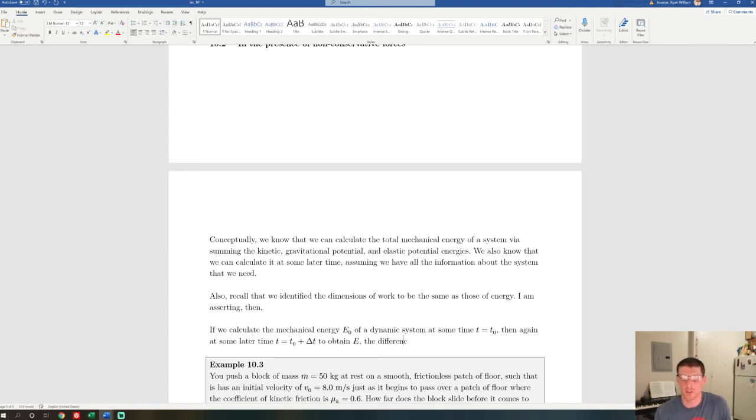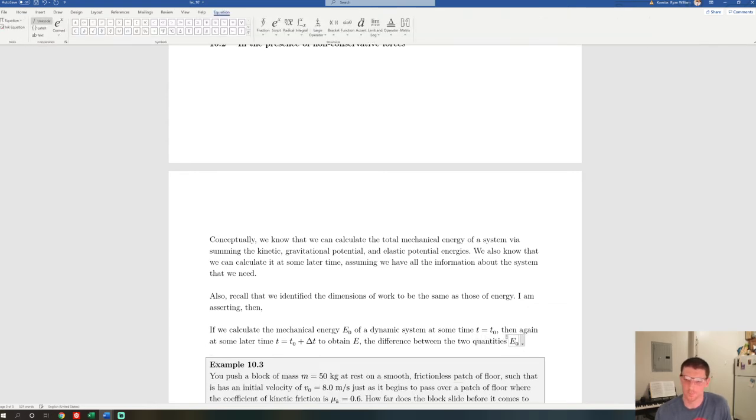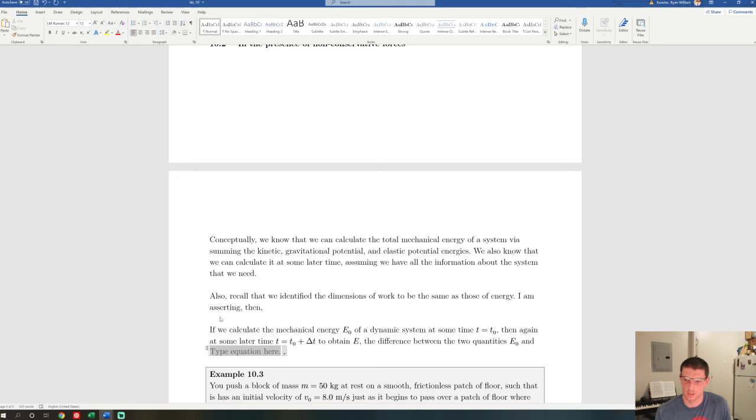The difference between the two quantities, E naught and E, is determined by the work done by non-conservative forces in the system.